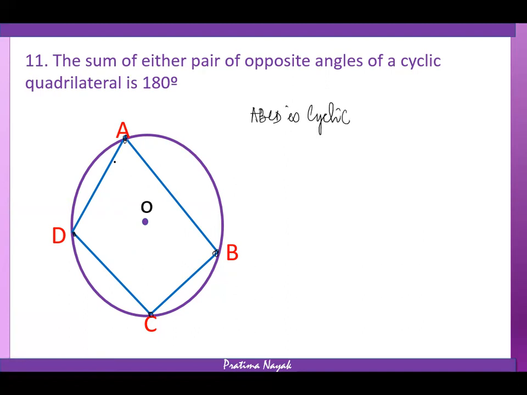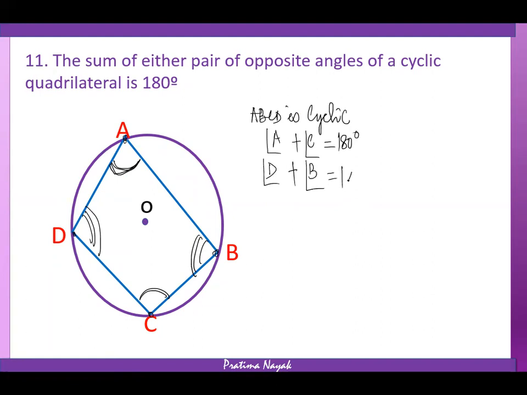Then the pair of opposite angles means angle A plus angle C is equal to 180 degrees, and angle D plus angle B is equal to 180 degrees. That means if all the vertices of a quadrilateral lie on a circle, then the opposite pairs of angles make 180 degrees.